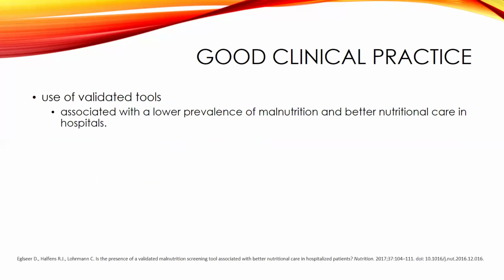So what is the good clinical practice that we need to adopt? We already know poor nutrition screening can be seen as a contributor to the occurrence of malnutrition within the hospital setup. So in short, we need to advocate for adoption of validated tools to screen our patients.